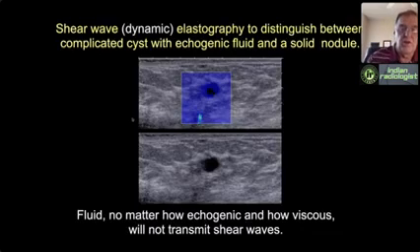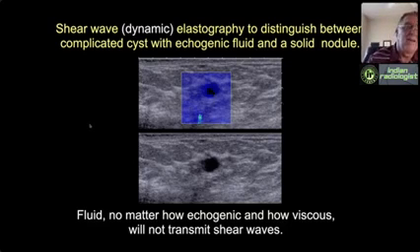Now, this shows shear wave. Again, shear waves will not transmit through fluid, no matter how viscous. So if we get black in the center, we know that it's a complicated cyst, not solid. With a slight caveat, you can get liquefactive or hemorrhagic necrosis in, say, a grade 3 triple negative cancer, and you might get black in the center of the cyst there.